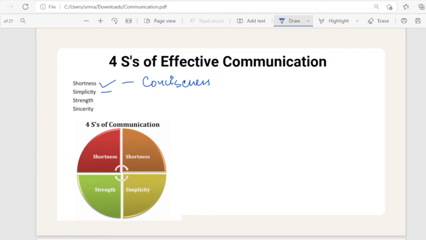That means I am not sincere in what I am teaching, right? If I am not sincere in my teaching, students won't attend my lectures or watch my videos. So sincerity is also one of the important parts of effective communication.